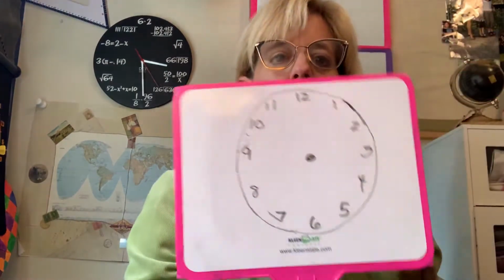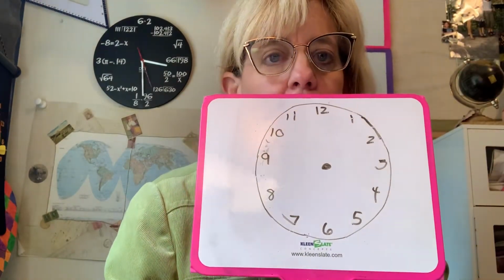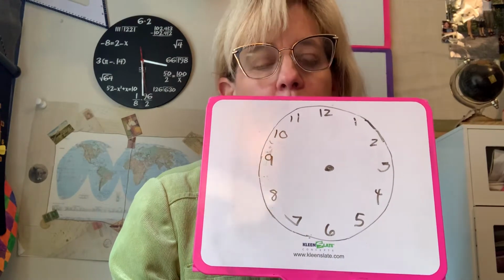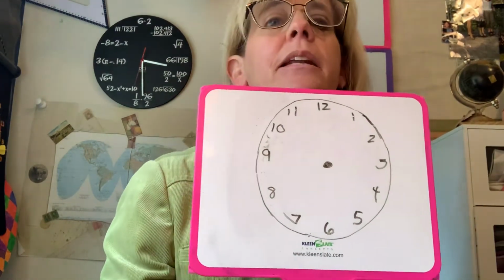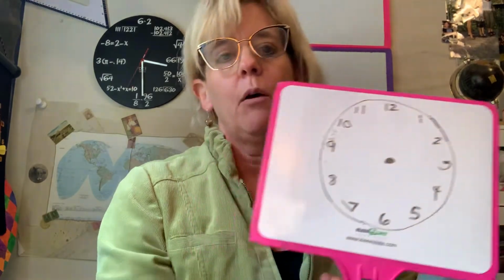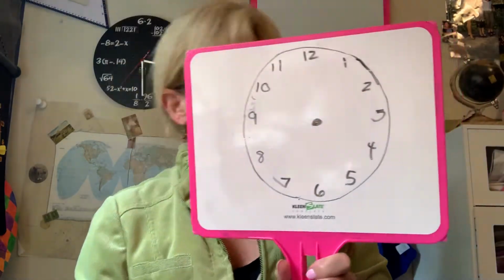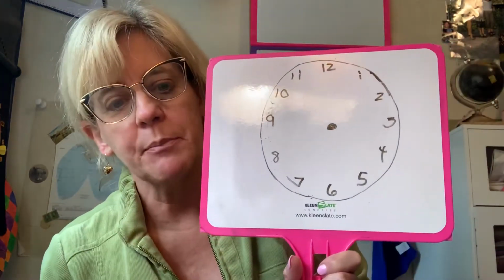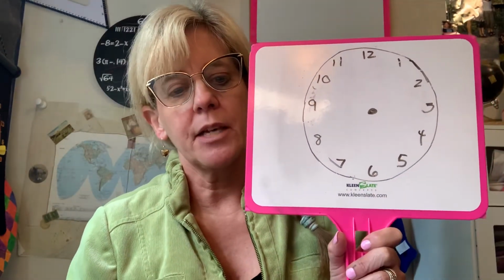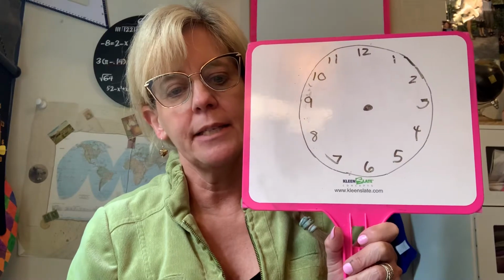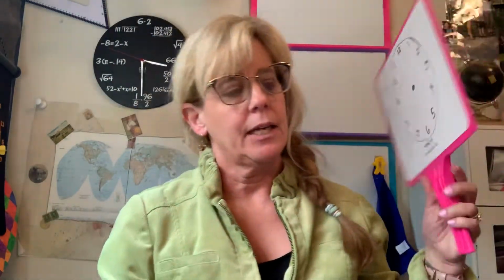Okay, so if you have a clock like this, you want to show the time, you guys know how to draw the hour hands and the minute hands on it, right? Yes, you do. So when you're doing elapsed time, you have to count around the clock how much time has passed for the question. So one of the first questions is, the start time is 1:30 and the end time looks like it's 1:55. Okay, so if it's 1:30 to 1:55, I'm going to go around that clock.